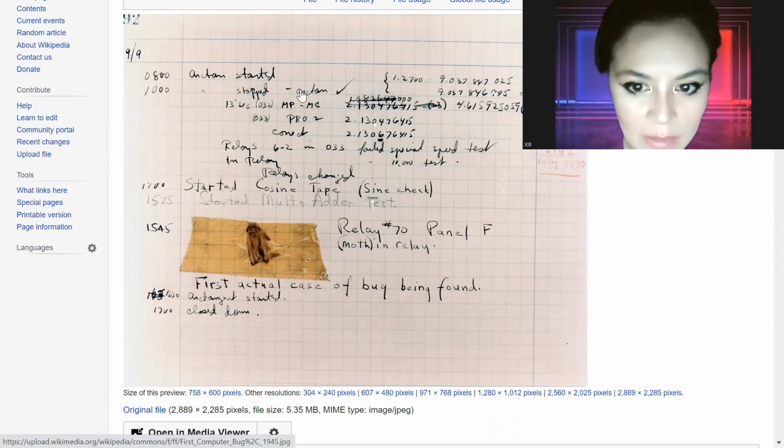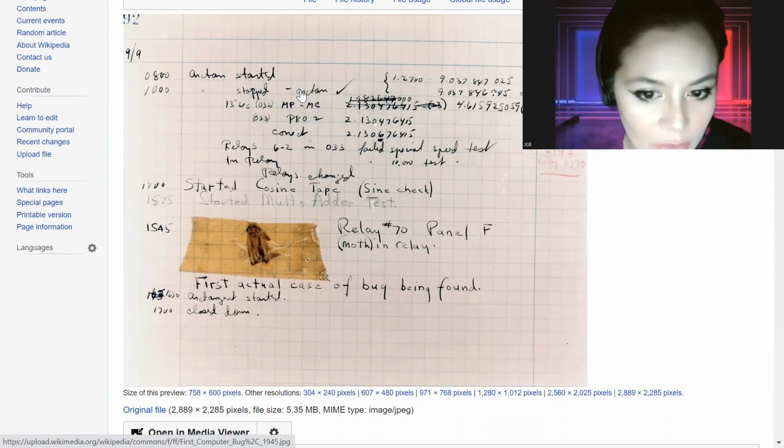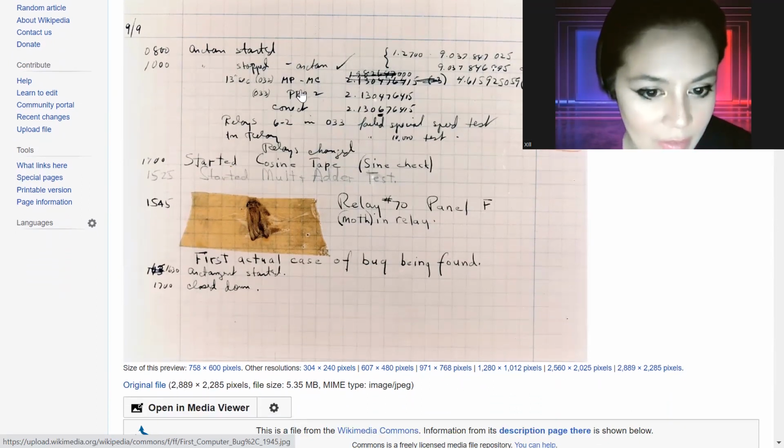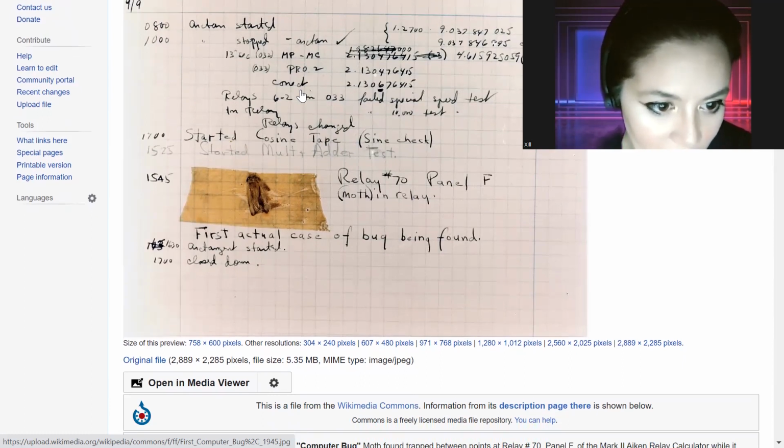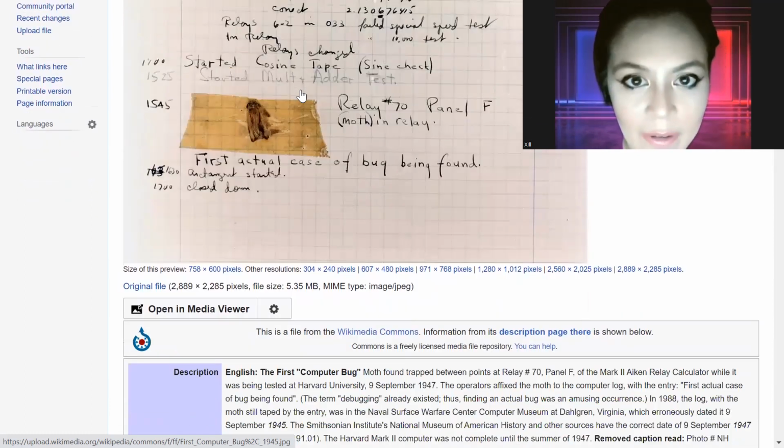Start cosine test, sine check. 1100. 1525, first actual case of bug being found. 45 minutes after finding that, arctangent started. 5 o'clock, close it down.